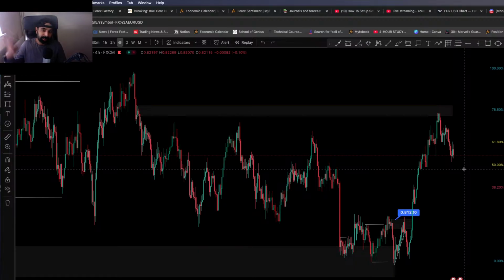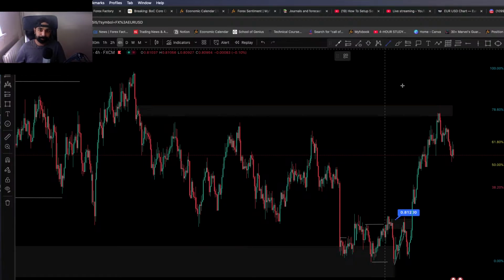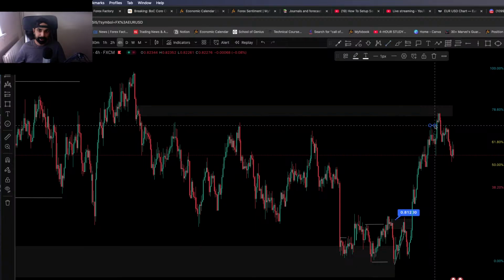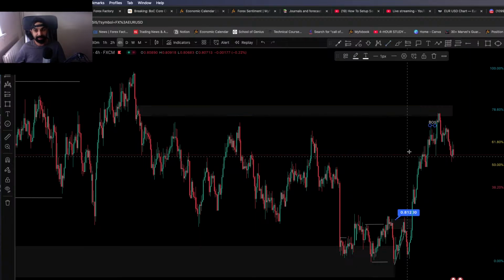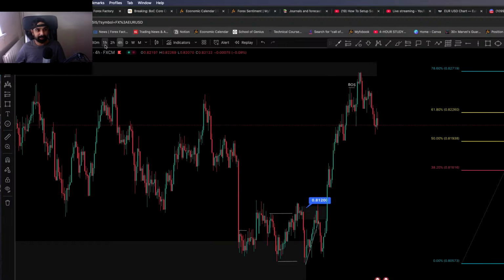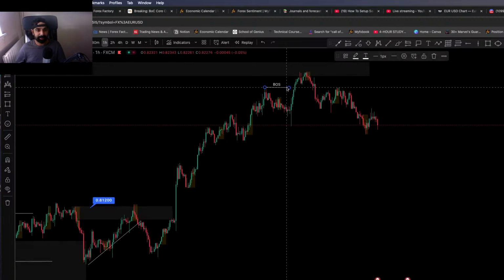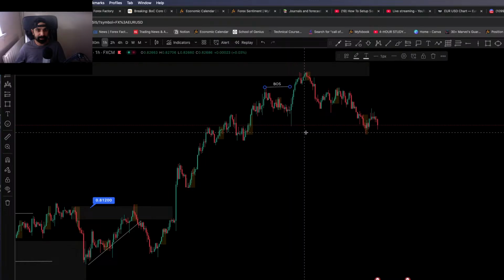Look, my charts are all correct. When I don't get a trade, because I love the charts so much, I just look at the charts and start drawing them out. Okay, that's the zone right there.